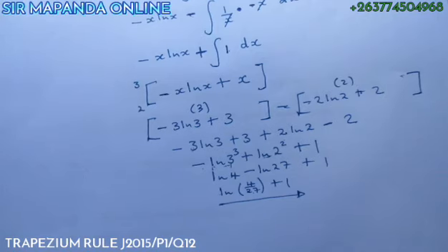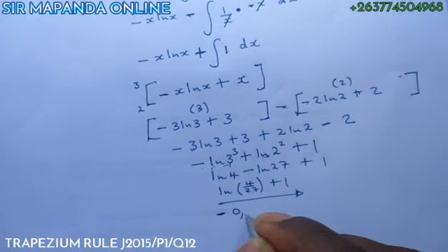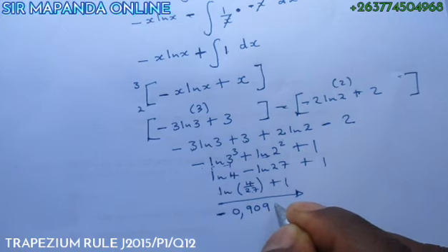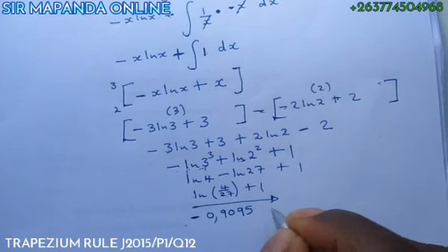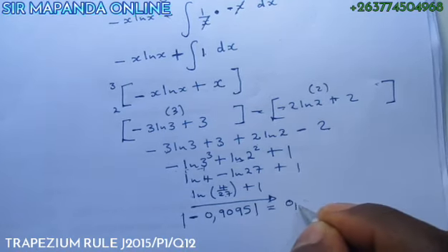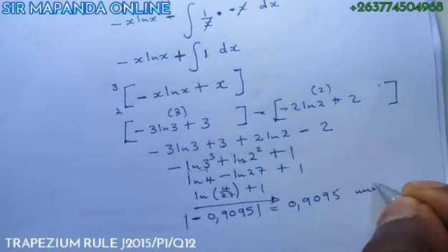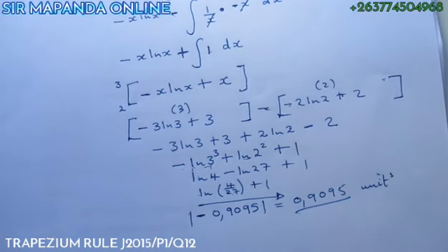Then you add with 1, you get negative 0.0905. But remember, since our area is always positive, you treat it as modulus. It gives you 0.9095 square units. So this is the instruction for decimal places.